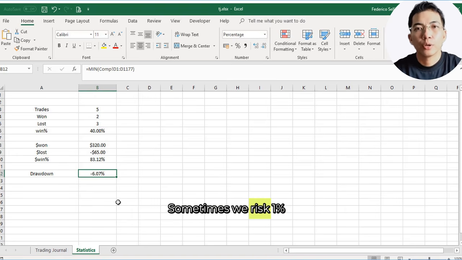Sometimes we risk 1% on a stop loss of 15 pips and sometimes on a stop loss of 100 pips. So the value of a pip is not the same for all the trades that we have, and we might as well have a negative amount of pips at the end of the month but still have a profit. Another reason not to insert this statistic is because I will need to add the other 2 or 3 columns here and it may look a mess.